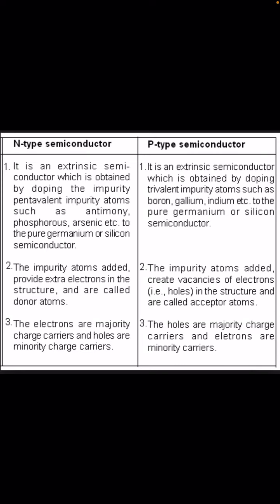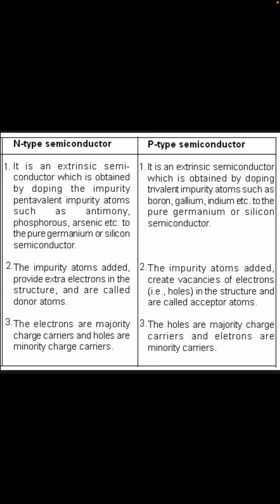Let us understand it. An N-type semiconductor is formed by doping a pentavalent impurity atom into an intrinsic semiconductor. If you dope a pentavalent atom, we will have an extra electron. And in P-type, we dope a trivalent impurity atom like boron in germanium or any other intrinsic semiconductor, so that we have a hole, a vacancy of an electron.